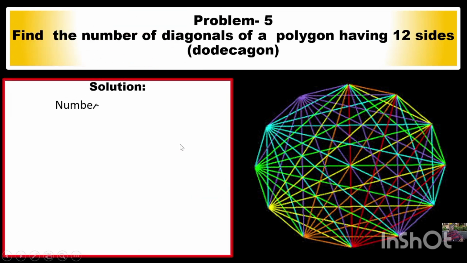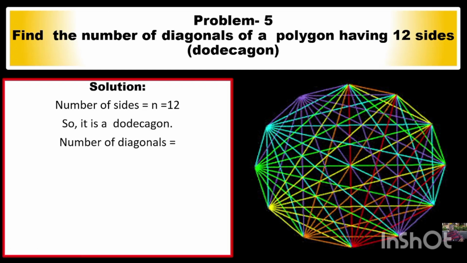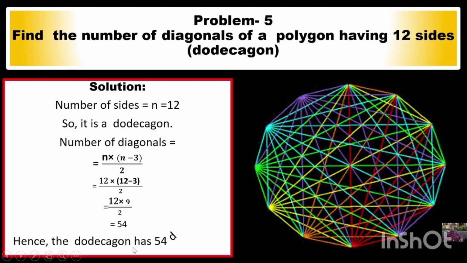Okay, so here the number of sides n is equal to what? 12. So number of diagonals, which is n into n minus 3 by 2, which is 12 into 12 minus 3 by 2, which is 12 into 9 by 2, which is 54. Okay, so the dodecagon has 54 diagonals.